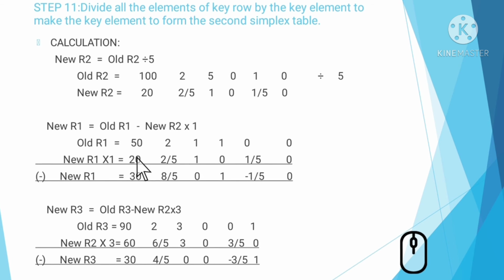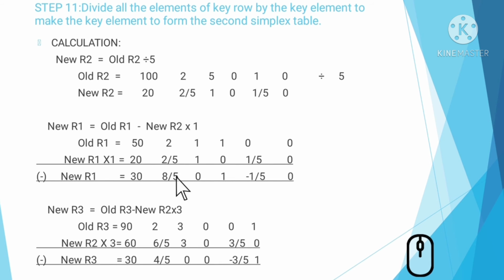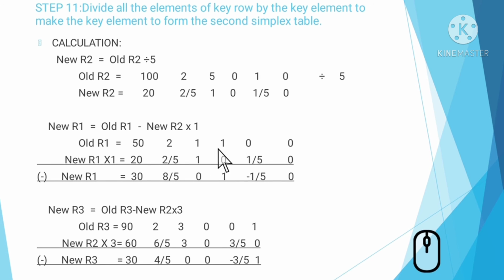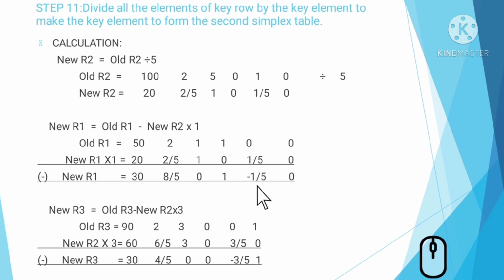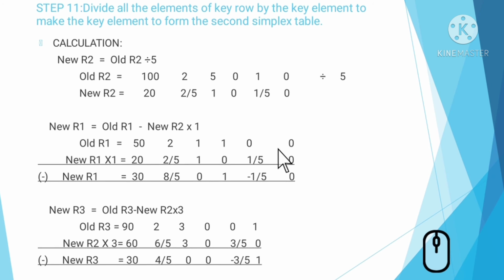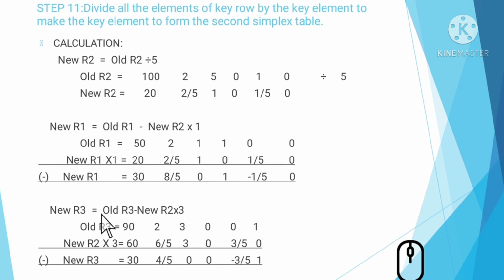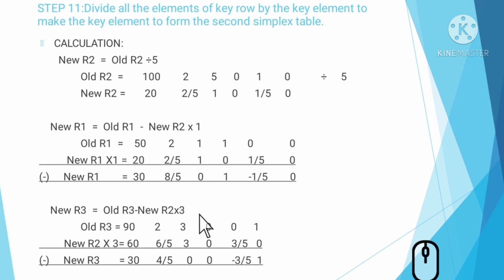So 50 minus 20 is 30, 2 minus 2 by 5 is 8 by 5, 1 minus 1 is 0, 1 minus 0 is 1, and 0 minus 1 by 5 is minus 1 by 5, 0 minus 0 is 0. New R3 is equal to old R3 minus new R2 into 3.